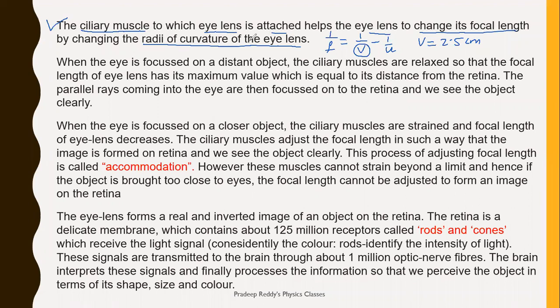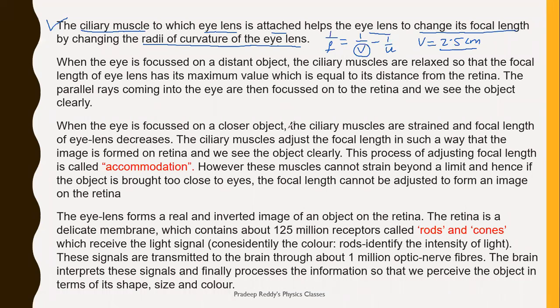As the radii of curvature change, focal length changes. If U changes and focal length is changed, then V will be maintained constant. Therefore, at any position of the object, you can always view the image on the retina.